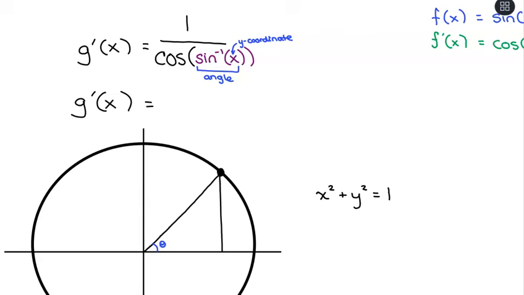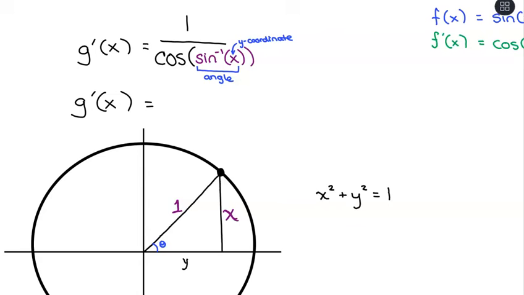So for some angle measurement, and the notation's not going to be super fun here, but we're going to use this variable x to represent our y coordinate. So wherever that angle's landing, we have x for this side length here. And then we know 1 is our radius. And then if I want the other side length, which would be relating to our x coordinate, what we could do is solve for that side length using the Pythagorean theorem. So x squared plus y squared equals 1.